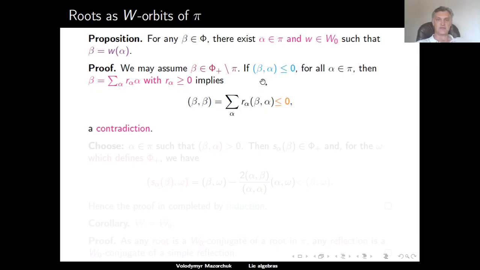Using the assumption that the scalar product of beta and alpha is non-positive, we get that the scalar product of beta with itself is non-positive. But then it must be 0, which means that beta must be 0, and this of course contradicts the fact that phi doesn't have 0 vectors.